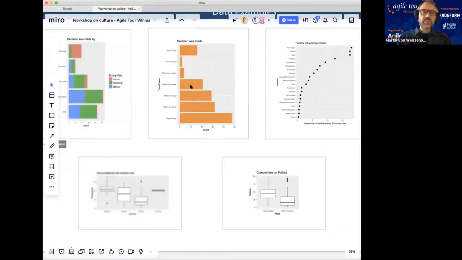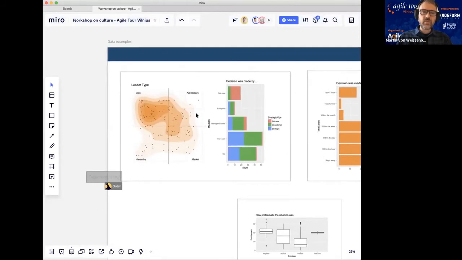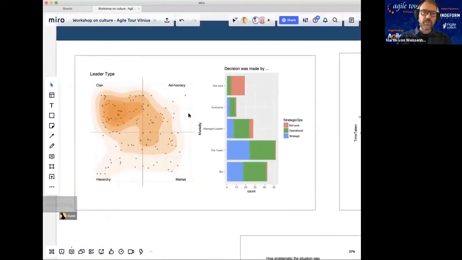We have other interesting things. Let me very quickly go through. We have here, for example, leader type is very clannish. We have asked people separately to put a dot for the leader type. And so this is also carried out in here, that basically the team and individuals are making a lot of decisions, right?